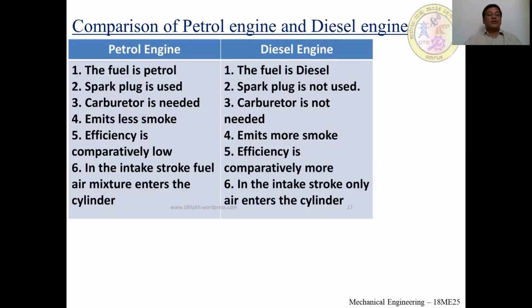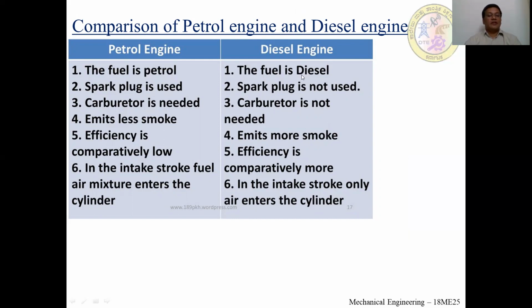In this slide, we are going to compare the petrol engine with the diesel engine. The first difference is the working fluid: in a petrol engine the fuel is petrol, and in a diesel engine the fuel used is diesel.